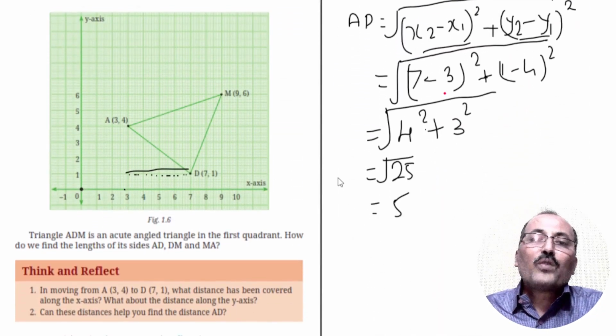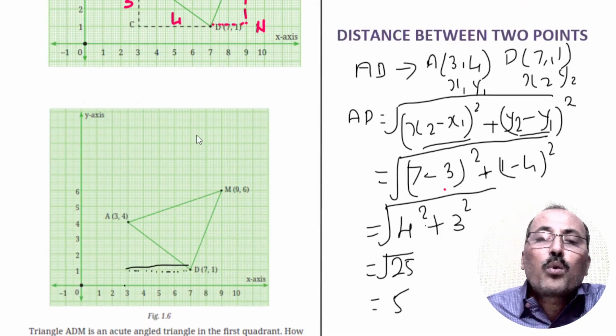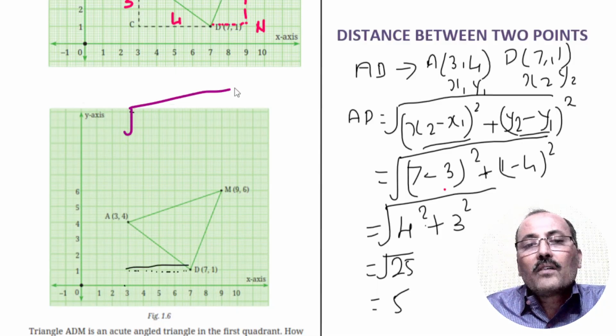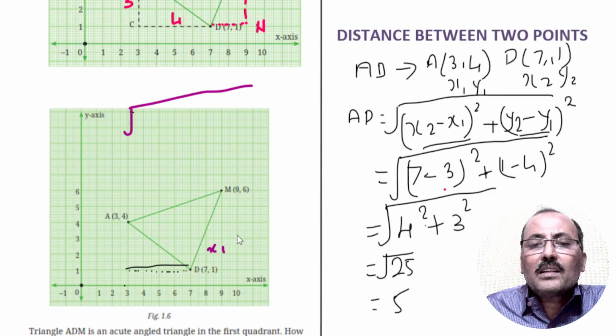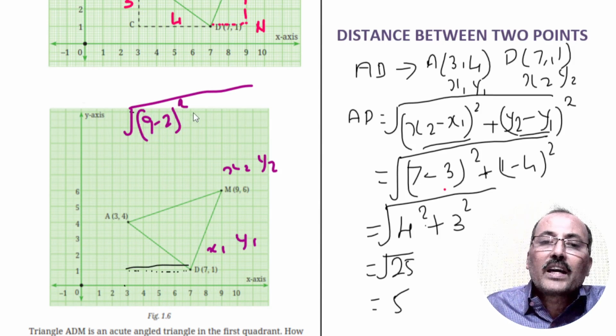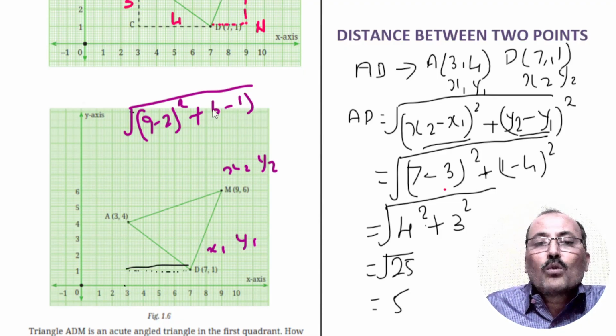Now how to find the distance between these 2 points? Same thing, you take the square root of (x2 minus x1) whole square plus (y2 minus y1) whole square. You can name anything as x1, y1, and here it is x2, y2. So x1 is 2 and x2 is 9. So (9 minus 2) whole square plus y2, which is (6 minus 1) whole square.